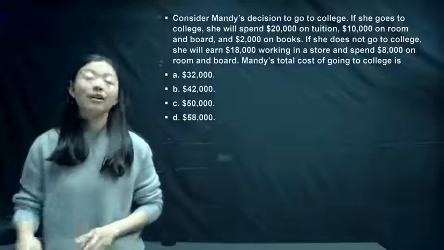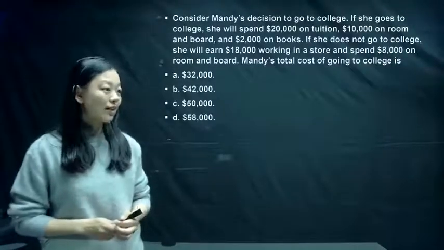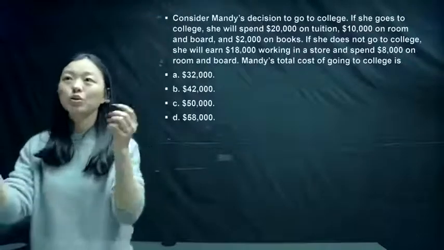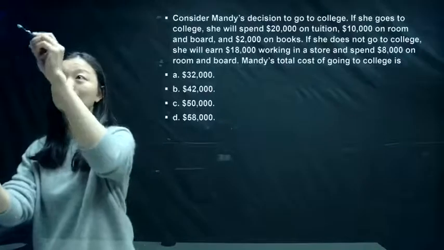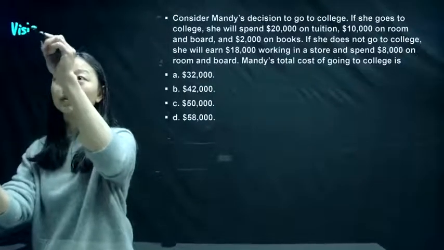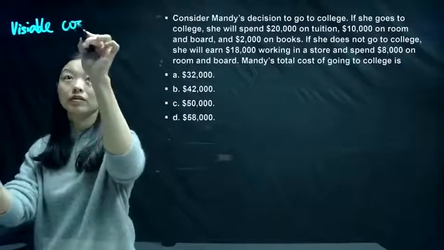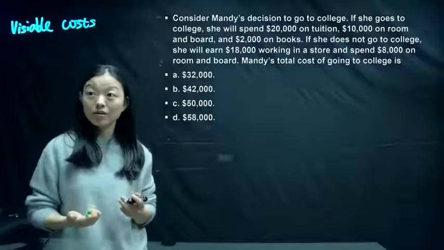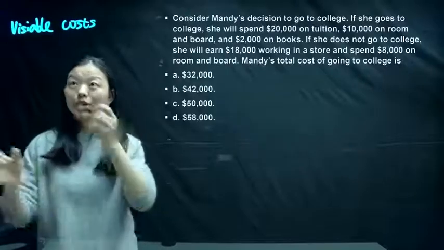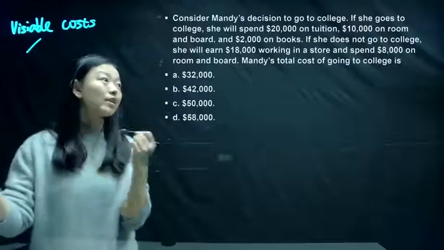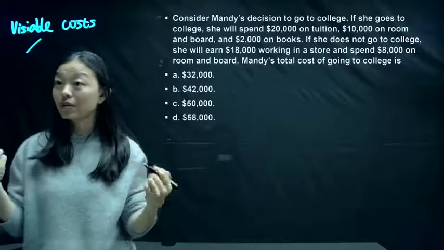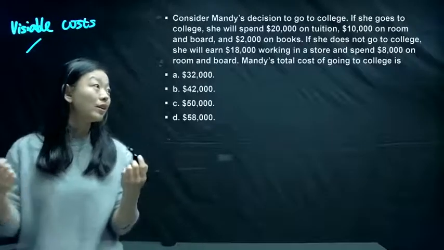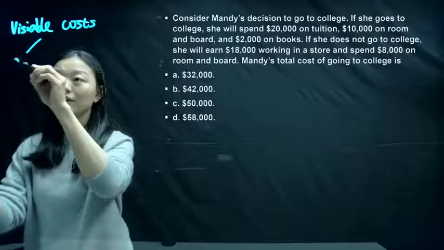After learning opportunity cost, the total cost will include two parts. The first part is what we call the visible cost. The visible costs are the costs that you need to pay out of your pocket. For example, the tuition, right? If she decides to go to college, she needs to pay tuition, so the tuition will be $20,000.